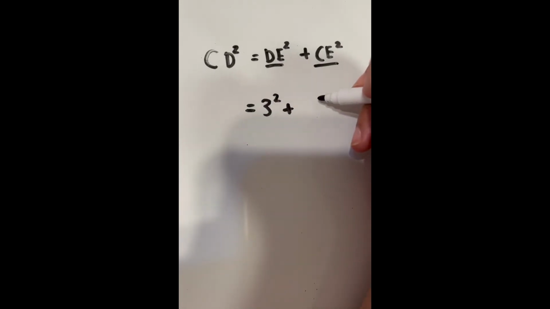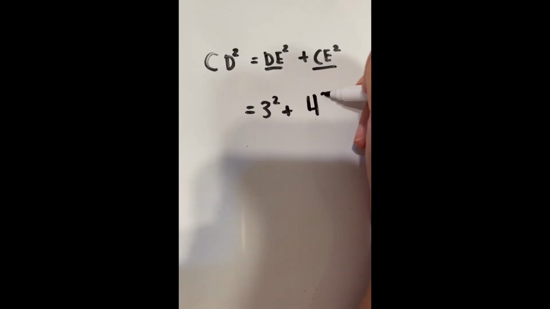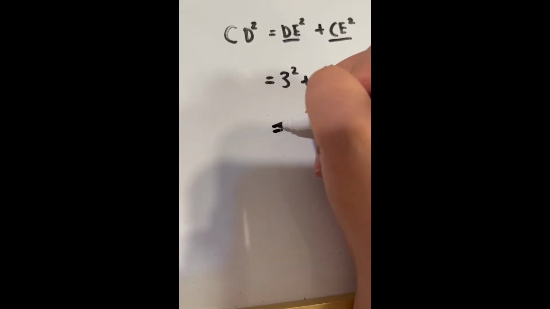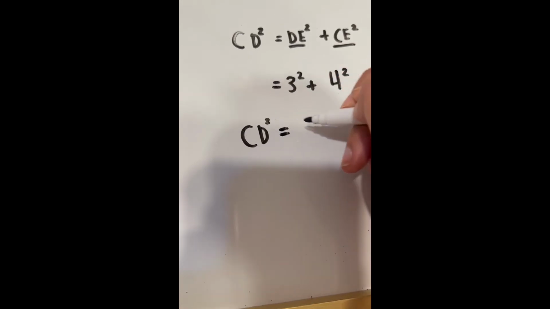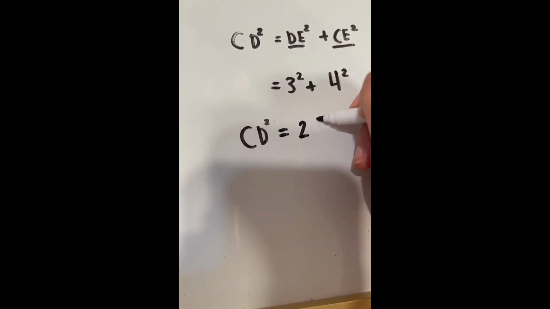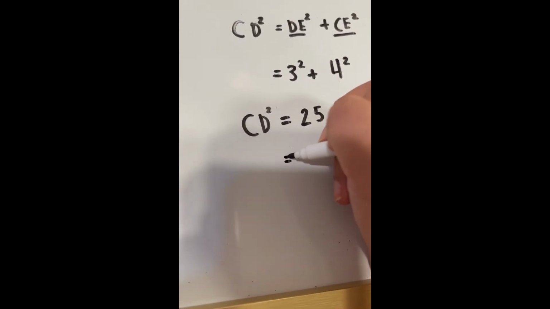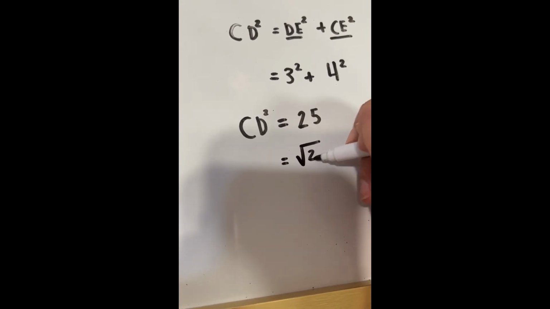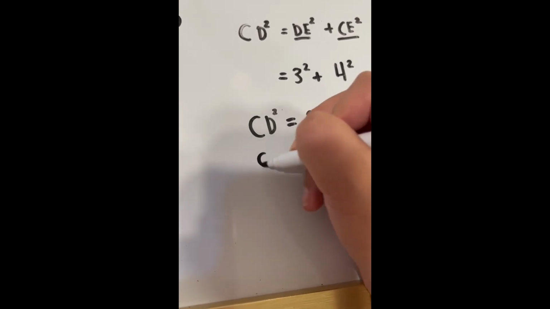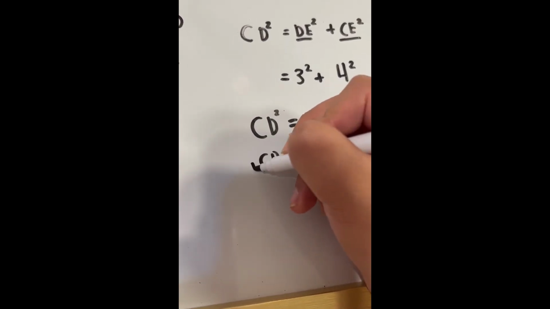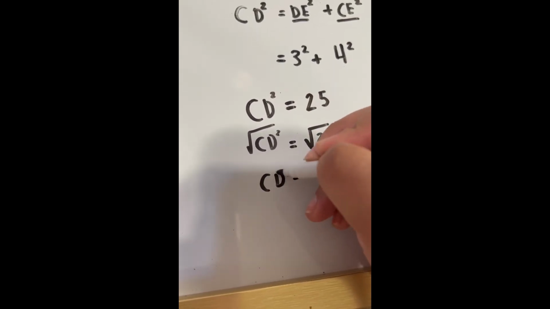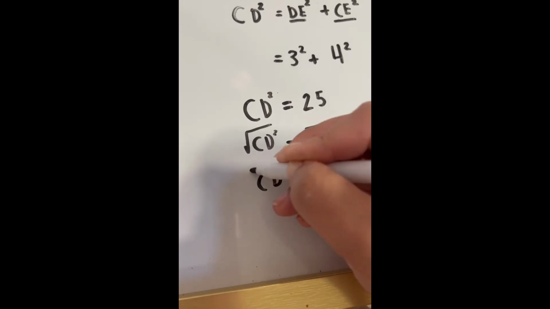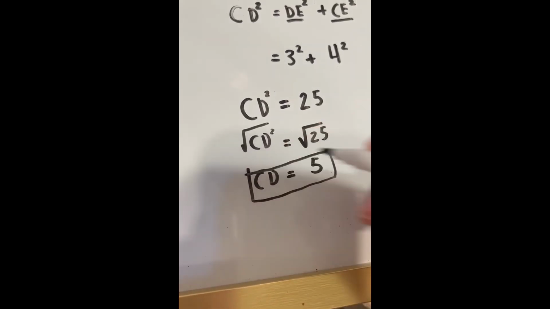So now we have 3 squared plus 4 squared equals 25. Now that we have 25, we need to find the square root of it in order to cancel out that square that CD has. So now we know that the distance between CD is 5.